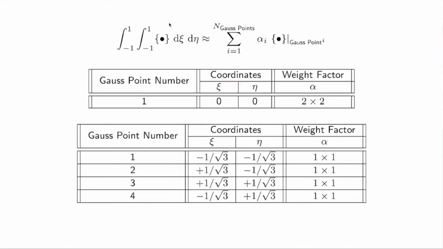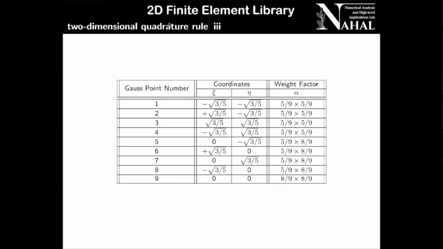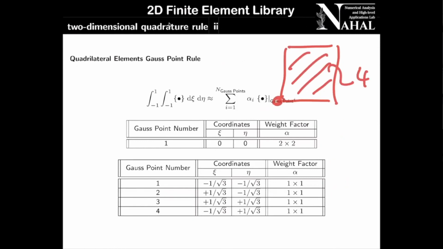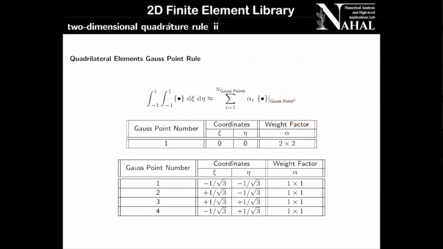And if you have even more Gauss points, if you add them up, it's 4. Again, this 4 is the area of that element. Remember, the coordinates were from -1 to 1 on each side. So the area is 4, that's why your weight factor, if you have 1 point, it's 4. If you have multiple points, the sum is 4.